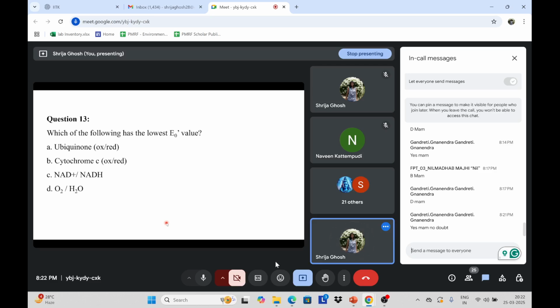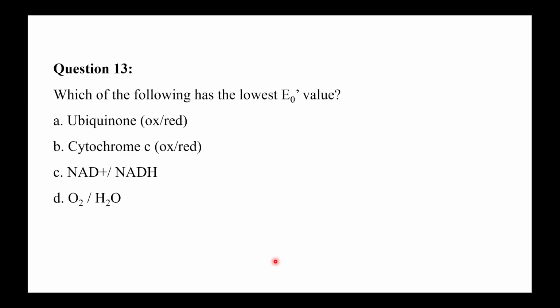Okay, we have two answers, option D and option C. Let's see. The correct answer is option C, NAD plus and NADH.